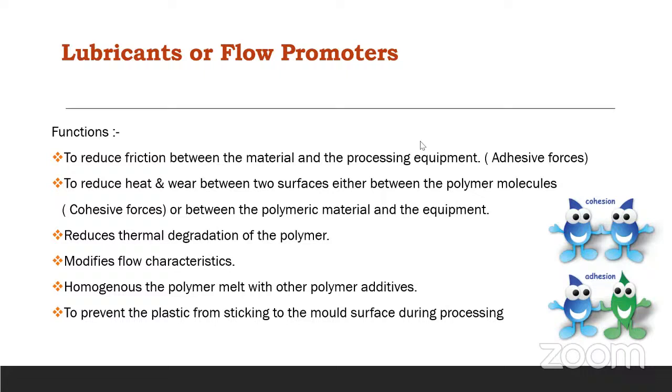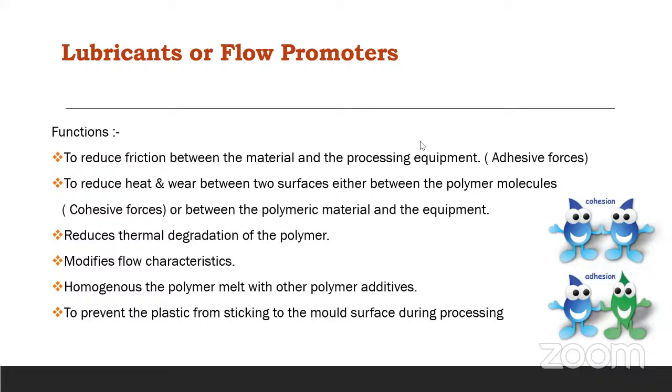Yes, a good question. Let me give you an example of lubricant. They can be external or internal lubricants. What a lubricant actually does is reduce the friction between the polymeric material and the processing equipment.